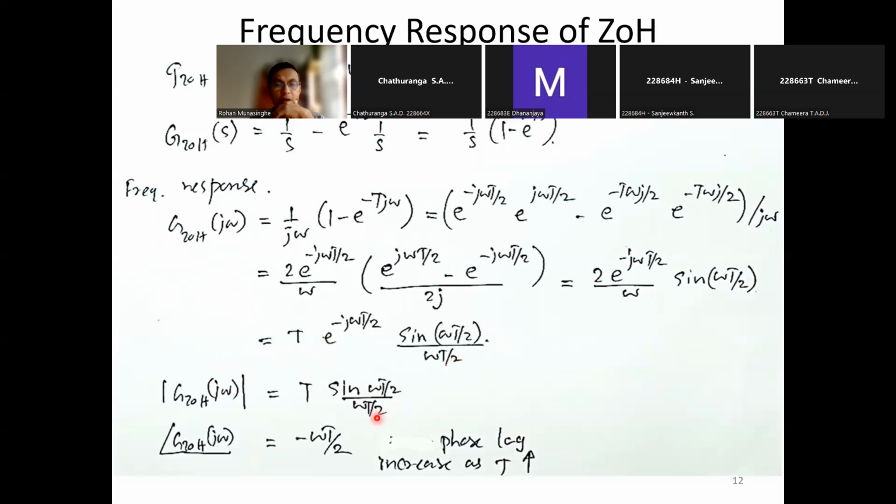This e to the minus j omega T by 2 is the phase term, so you don't take that one and take the other one's magnitude term. And the phase is e to the minus j omega T by 2. So you look at the constant after j, omega T by 2, and it is negative. So negative omega T by 2 is the phase. And it's negative. Negative means loss.